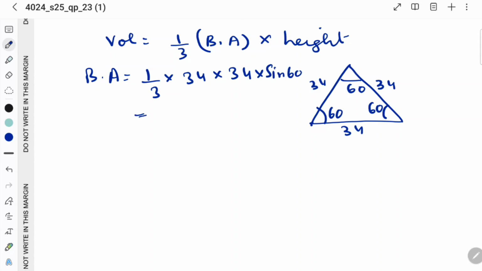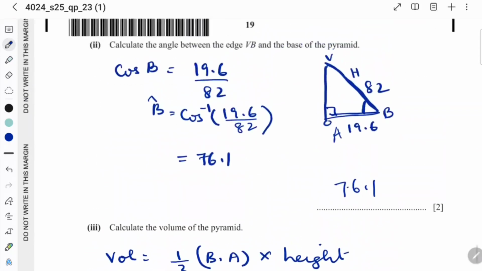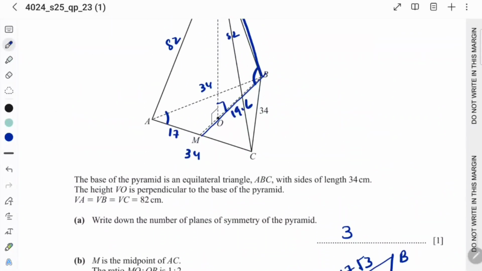Calculate it, and that will be 500.56 square centimeters.